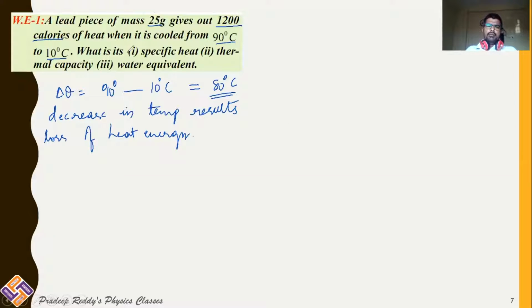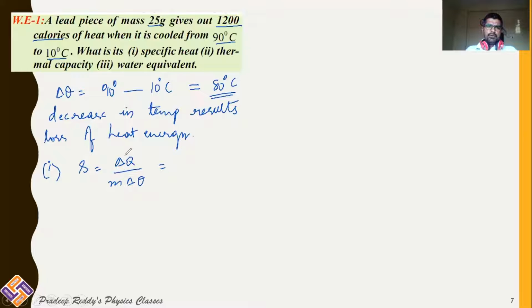Now here we are supposed to find out the specific heat, thermal capacity and water equivalent. So first let us calculate the specific heat. Specific heat of the substance S is equal to delta Q divided by M into delta theta.